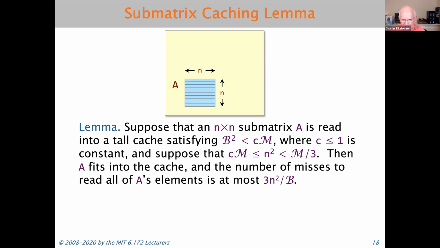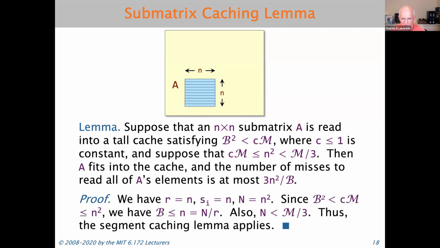The lemma says that A fits into the cache, and the number of cache misses is what you'd expect, about n squared over b. And as we know, it can't take less than n squared over b if none of it's already in cache, because that's what it takes if they were all optimally packed. This lemma says it won't take much more, at most a factor of 3 more.